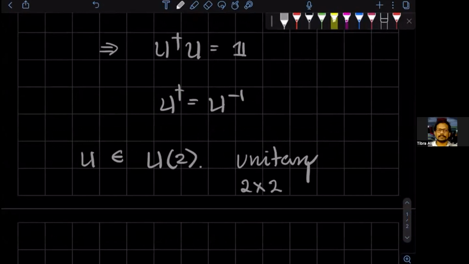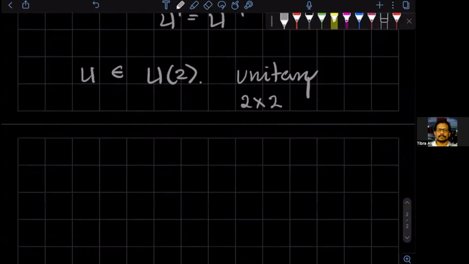But in quantum mechanics, we have a subtlety. If I have a wave function like that, and I have another wave function which is different from this wave function up to a constant phase factor, physically they mean the same thing.